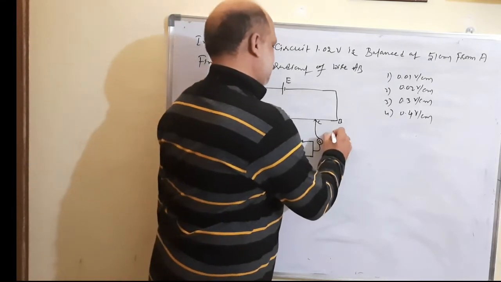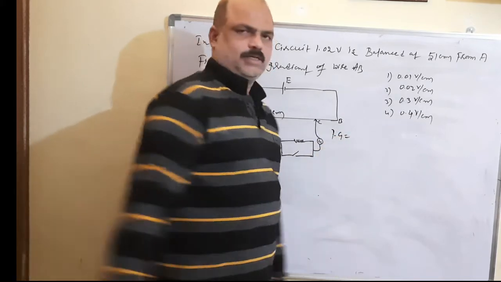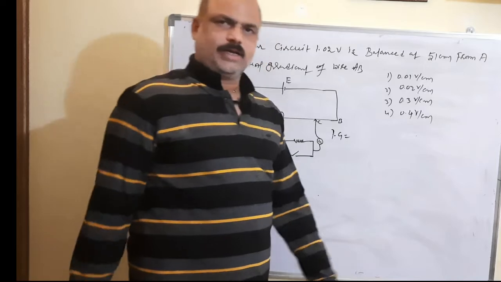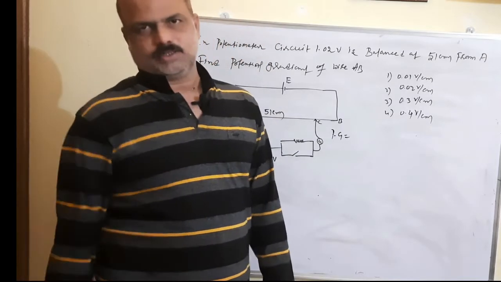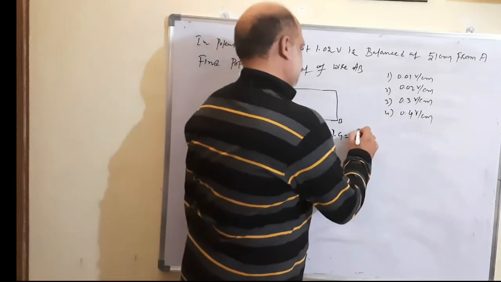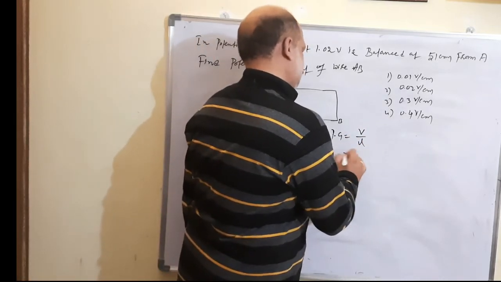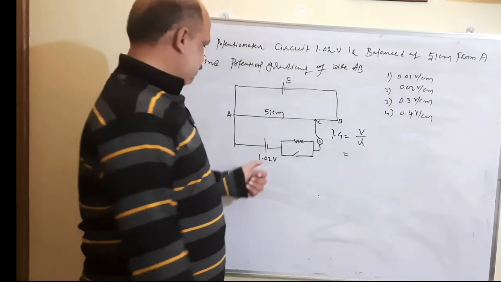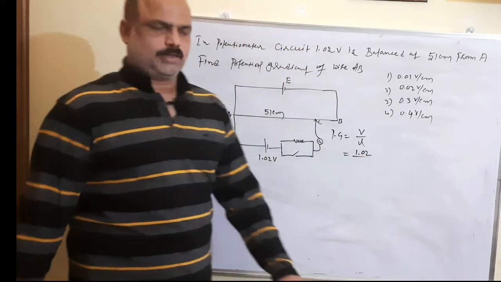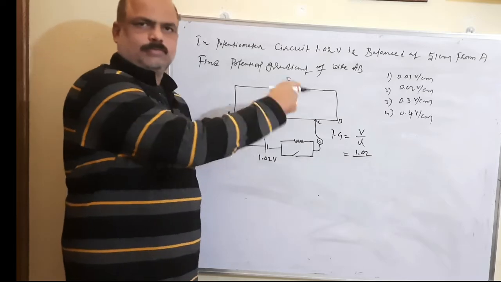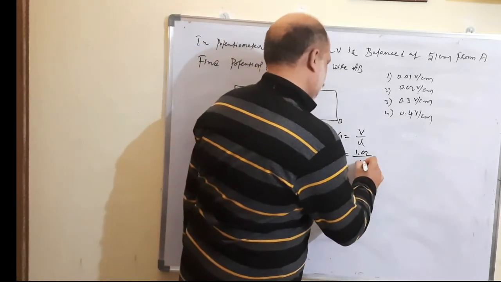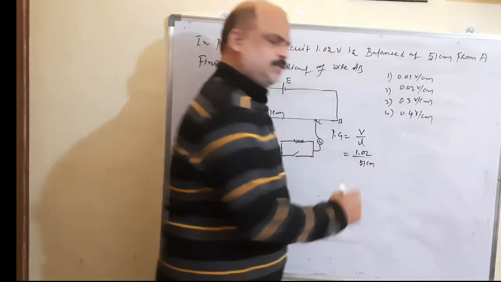So this is the easy problem. Potential gradient is equal to potential drop per unit length. So V by L. Potential drop per unit length means here 1.02 divided by the length from A to C, that is 51 centimeters.